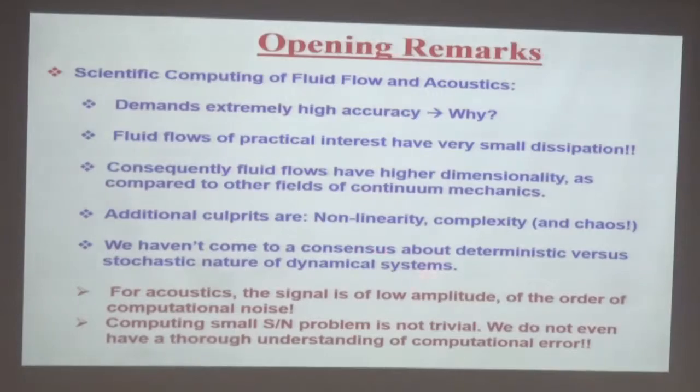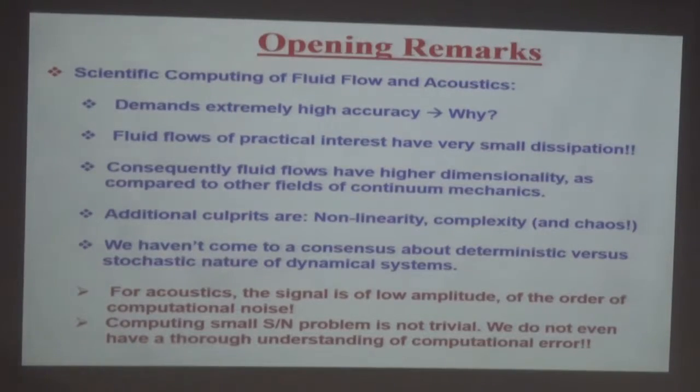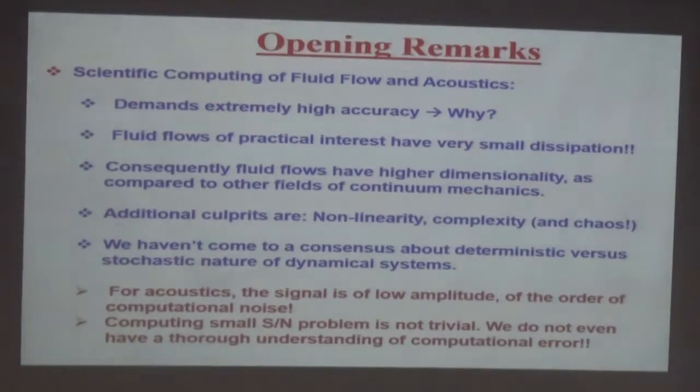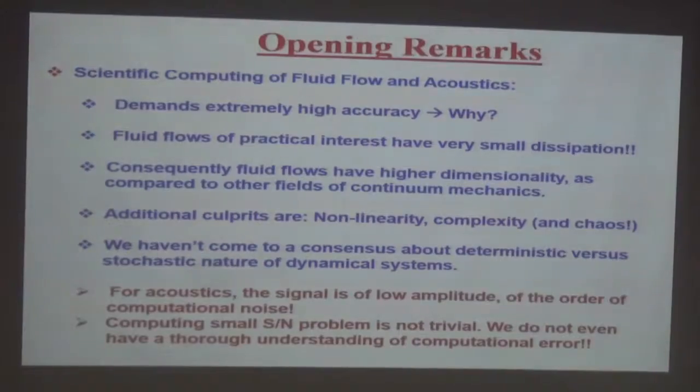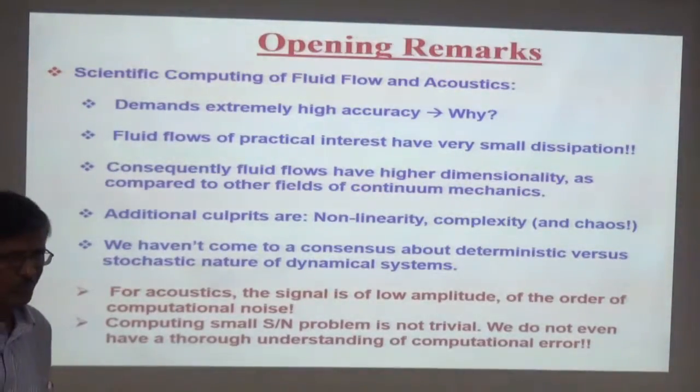However, I must tell you that we still haven't come to a stage where we can answer that million-dollar question: what are we looking at when we are trying to compute? Are we looking at a deterministic system, or are we looking at a stochastic system?